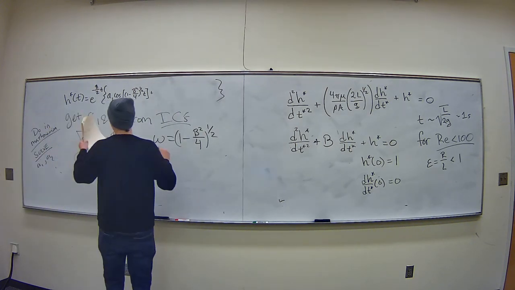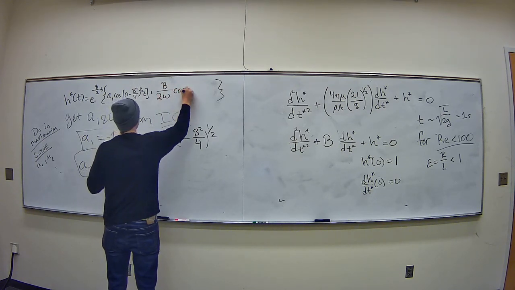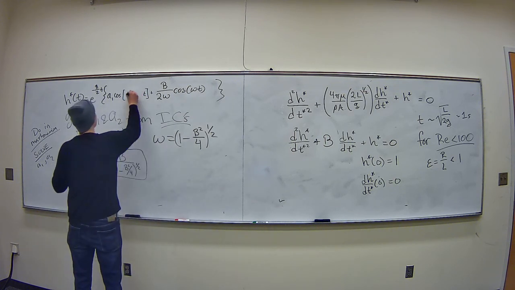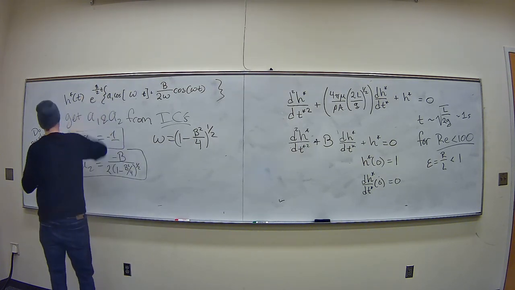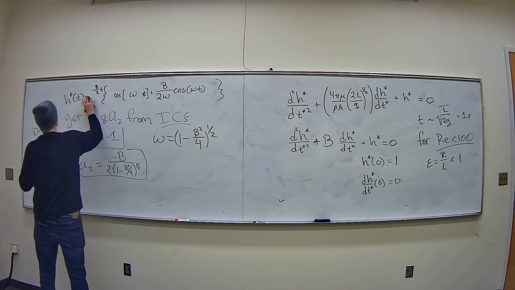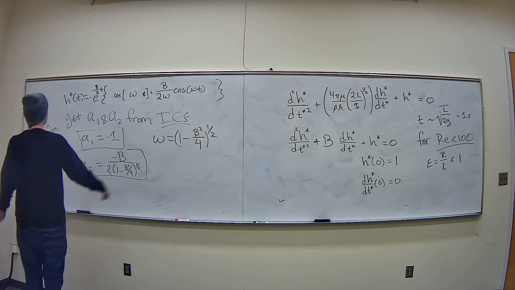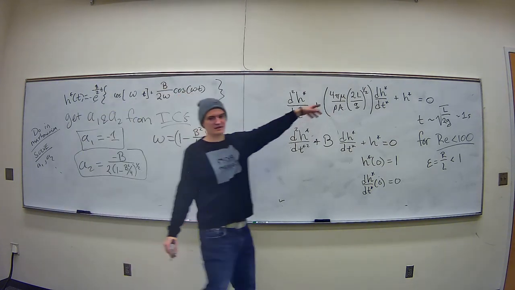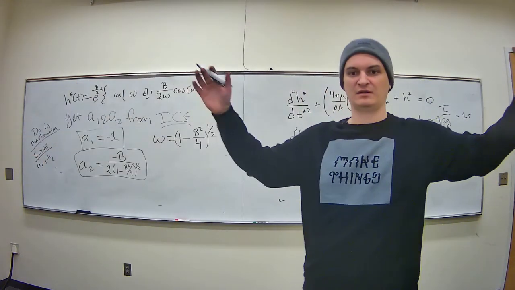So now this is b over 2, the frequency cosine, and then negative out front. Right? That's great. Now you have analysis on frequency. Now you have analysis on that parameter that we calculated right here. And now you've totally characterized the oscillation of fluid in the U-tube.